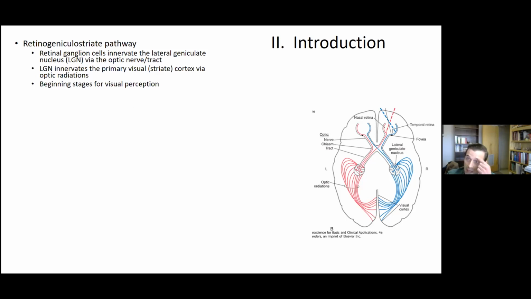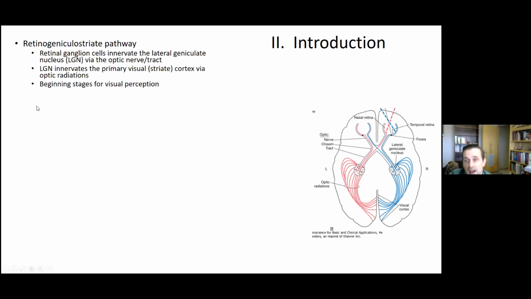Well, their central processes synapse on cell bodies in the lateral geniculate nucleus, and those central processes are essentially the fibers that comprise the optic nerve, and then ultimately the optic tract, and from the optic tract, they then arrive on the lateral geniculate nucleus in the thalamus.